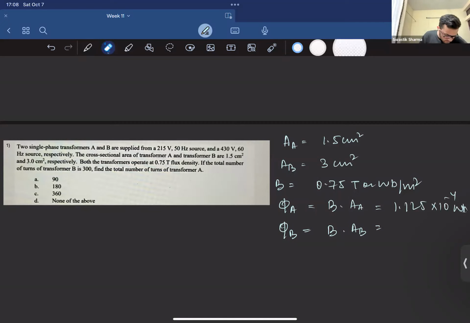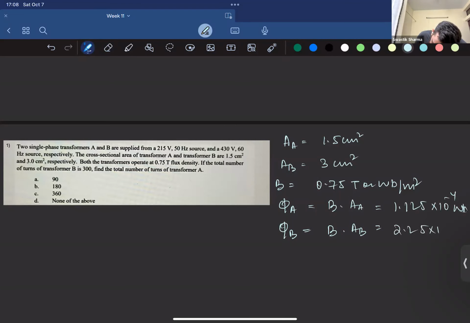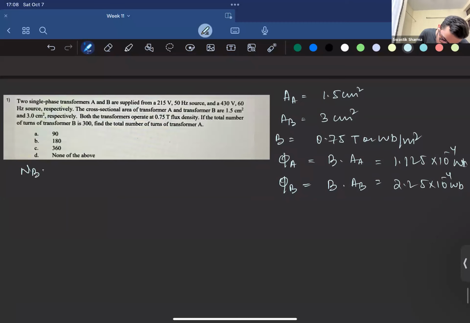And phi B is 2.25 into 10⁻⁴ Webers. Right. Now, since we are given NB, which is 300, we can calculate the induced EMF EB, let's say at the primary side, right?